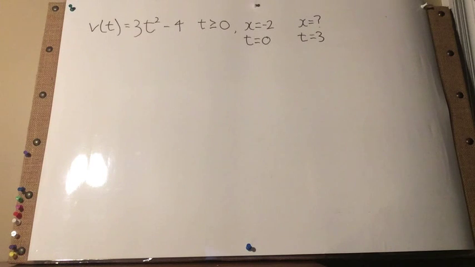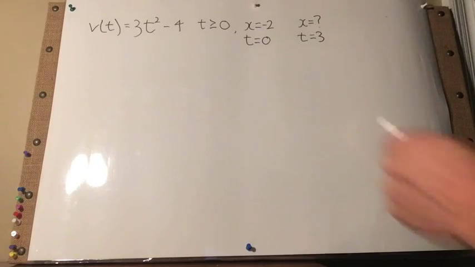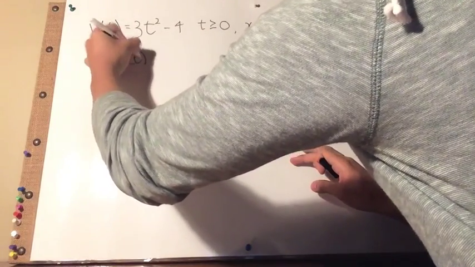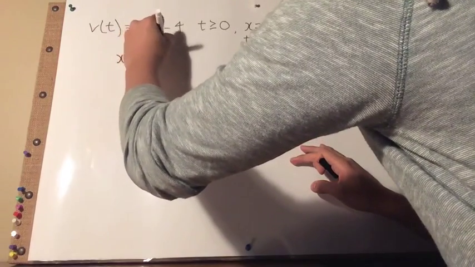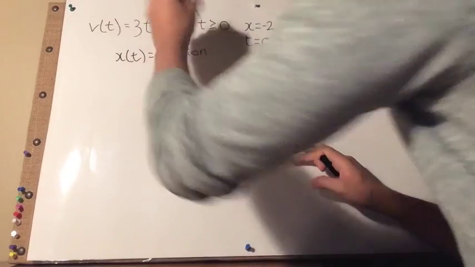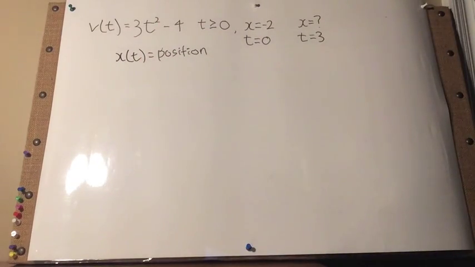So for those of you who don't know, position is shown as the function x of t. X of t equals, and in terms of velocity, position is the integration of velocity, or v of t.